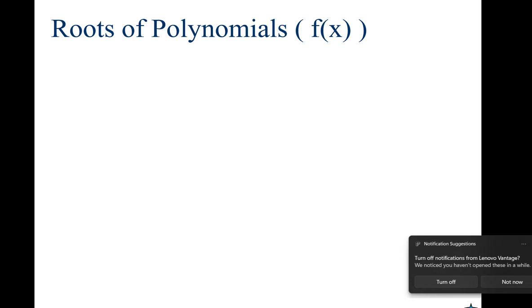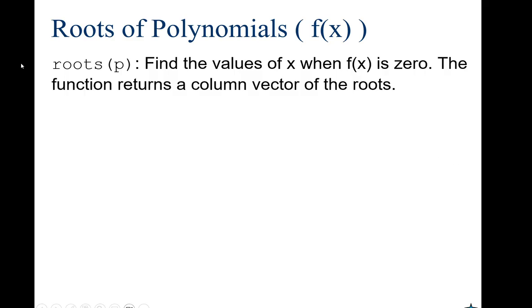Another element of polynomials is that they all have roots, and the number of roots that a polynomial has is dependent on the highest order within that polynomial. The function roots will tell Matlab, I want to find all of the roots of a specific polynomial p.